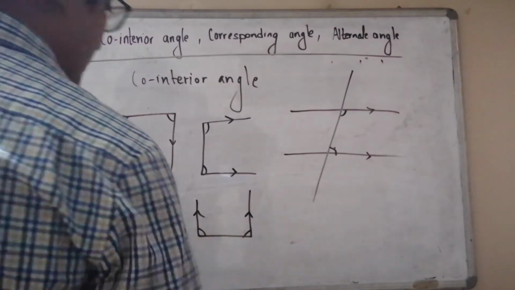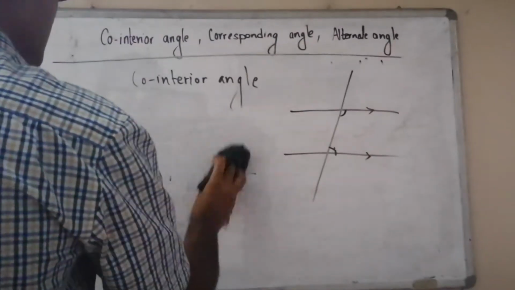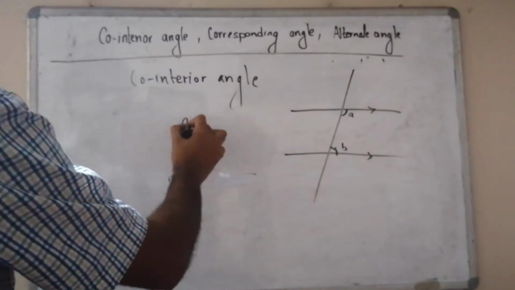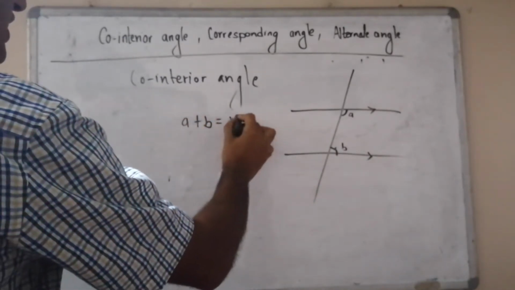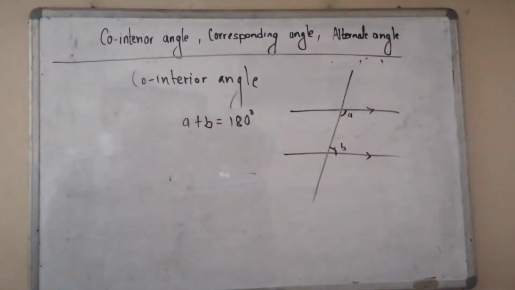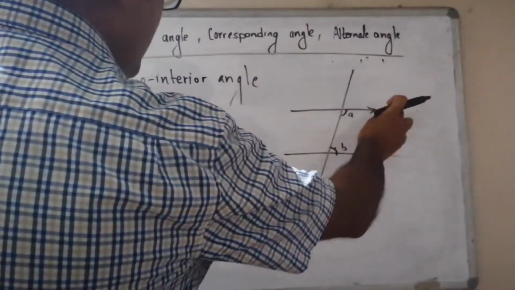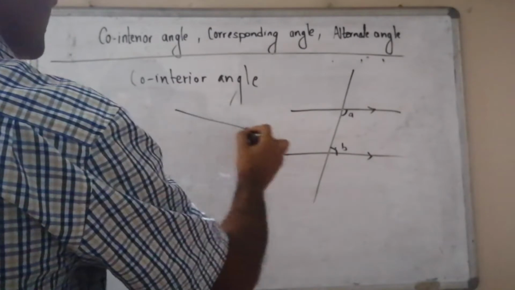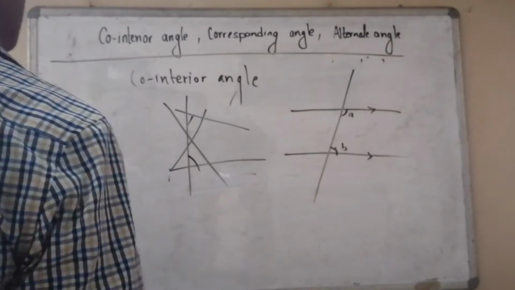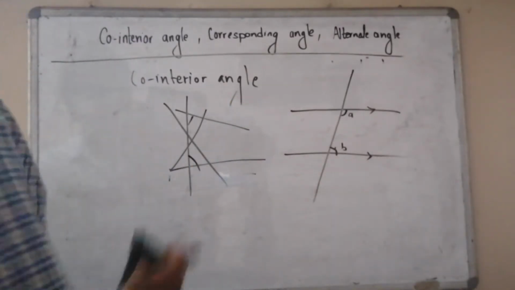So these two angles are co-interior angles, and the property of co-interior angles is, if this is A and this is B, then A plus B equals 180 degrees. The sum of these two angles is always 180 degrees. Before that, you have to remember, these two must be parallel lines. If they are intersecting lines like this, this cannot be a co-interior angle, because these two lines are not parallel, they are intersecting.